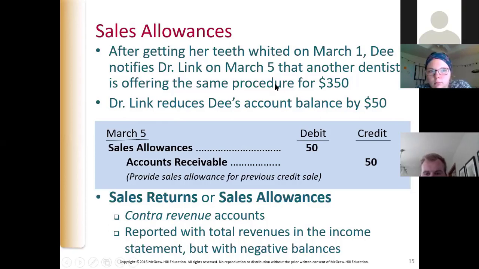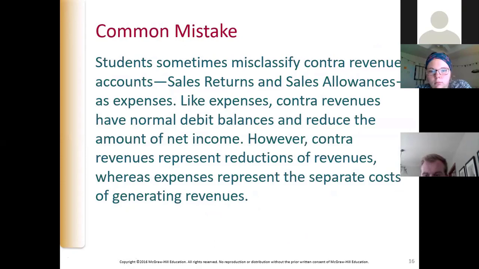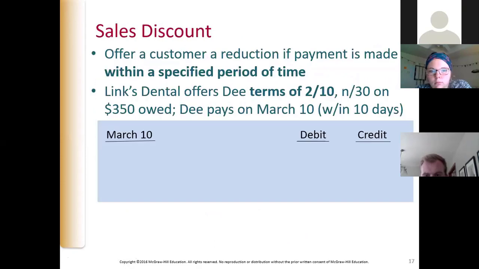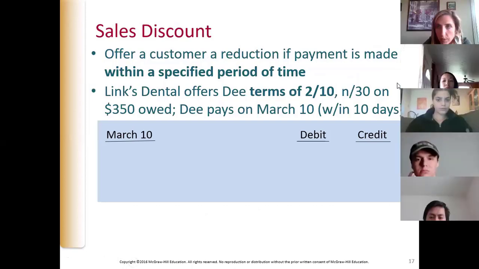So if the dentist sends you a bill and on the bill there are terms that look like this, do you see this second line, the dotted where it says links, dental offers D terms of 2/N? You see that part right there? Okay.